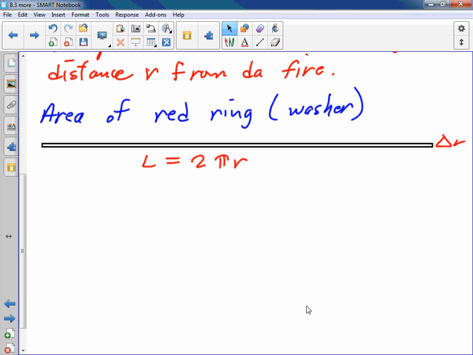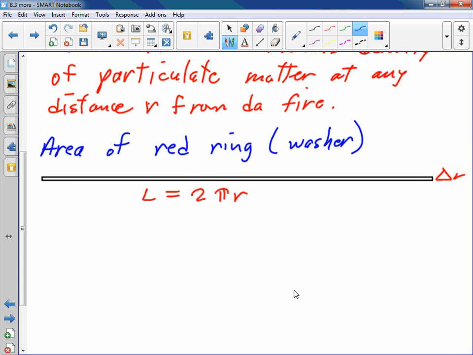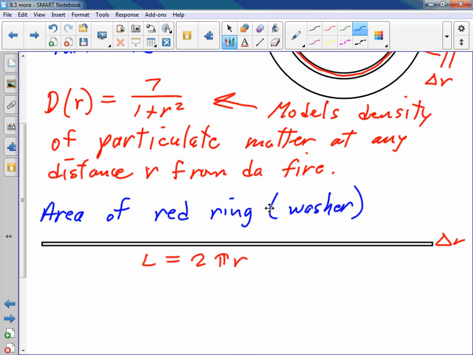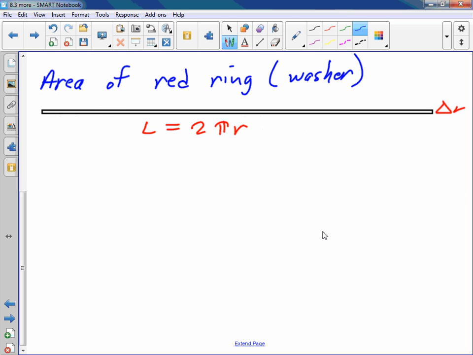So that's why I chose this. I thought it was kind of neat. Okay, so now, if we were trying to do the totals out here, anywhere, in other words, stack up all those rings to get the total, what would we do? How about we write an integral? Would be from what to what? Stack them up.